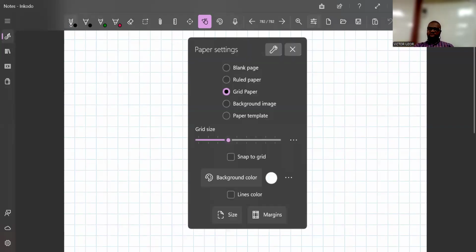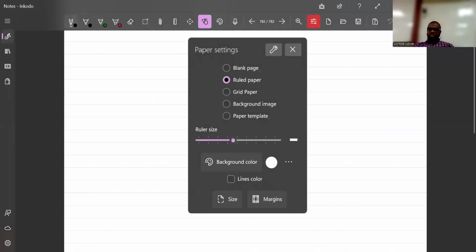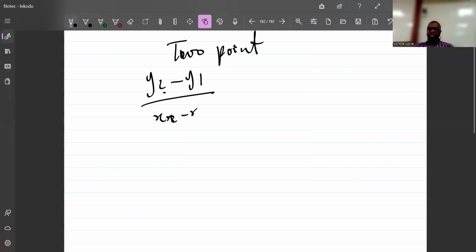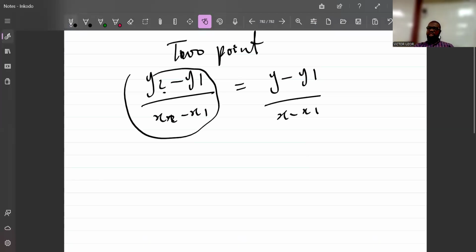The two point formula is when two points are given, like I said initially: y2 minus y1 over x2 minus x1 is equal to y minus y1 over x minus x1. If you look at this, this particular formula is gradient.